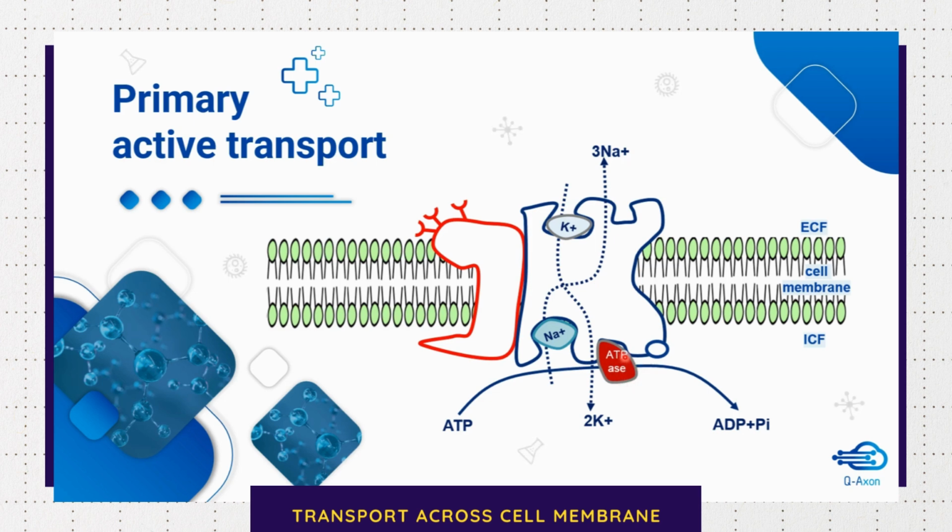So this ATPase will break down ATP to ADP and phosphate, which will provide the energy, and then these substances will move. The protein will flip actually, and the substances will move to the other side, where they will be released. So that is the mechanism of action of primary active transport.